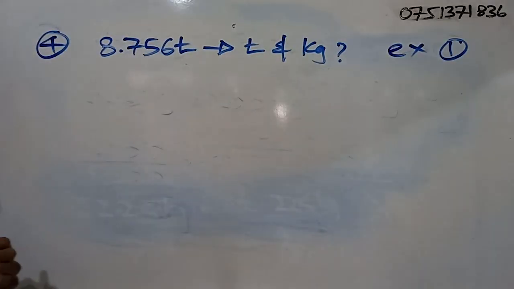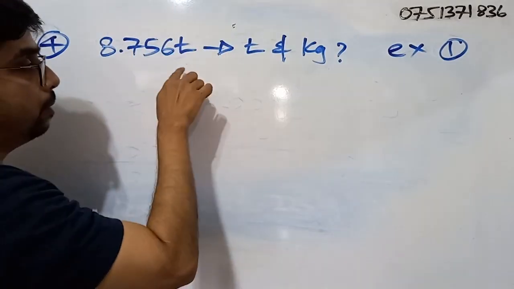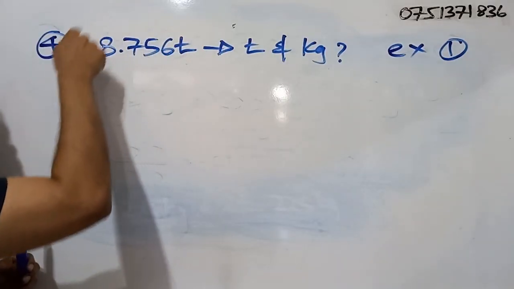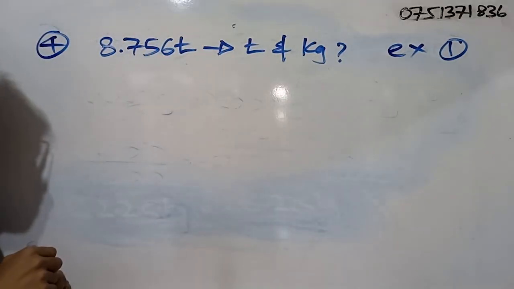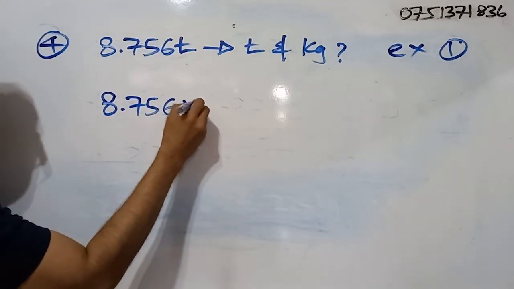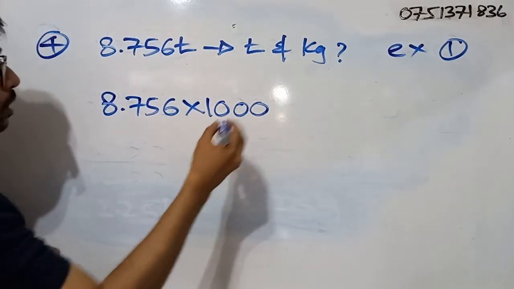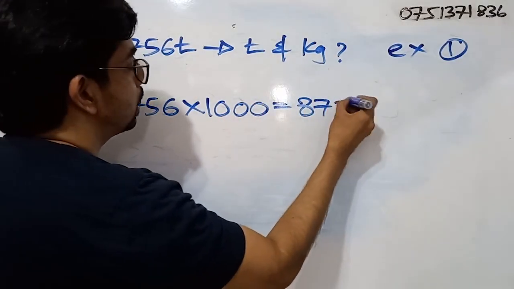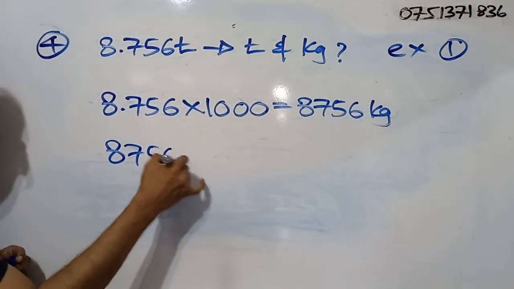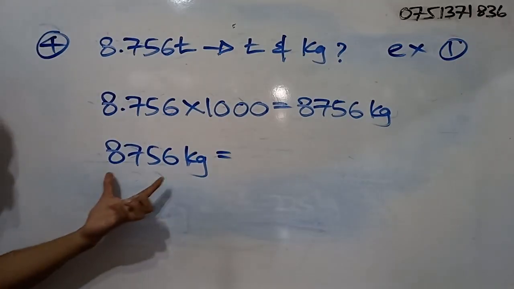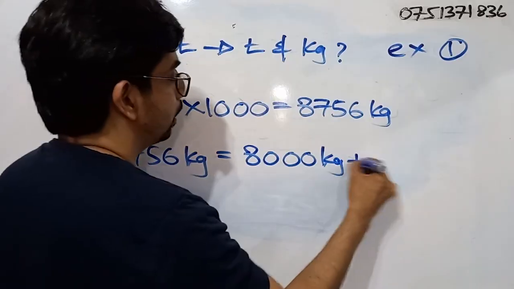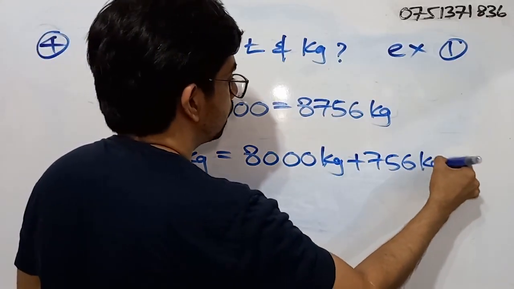Right. Question number 4. We need to convert this entire mass into tons and kilograms. So first of all, we will convert this entire amount into kilograms. 8.756, we need to multiply that by 1000. So we get 8756 kilograms. We can rewrite this as 8000 kilograms and 756 kilograms.